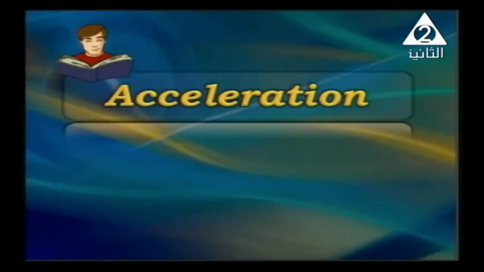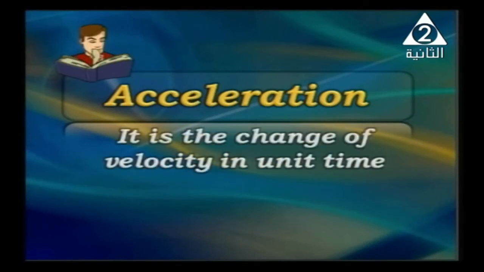After that we have another part about the acceleration also. The whole definition of acceleration is the change of velocity in unit time. What's meant by velocity? It's nearly equal to speed, but we have two differences between them. We talk about the velocity in lesson 3, okay? And after that we have acceleration again.